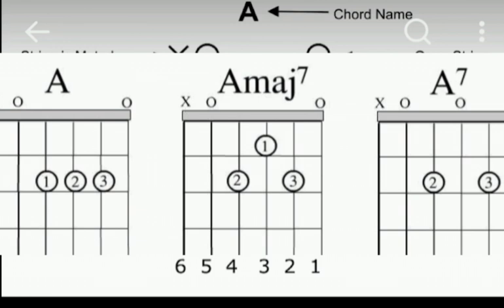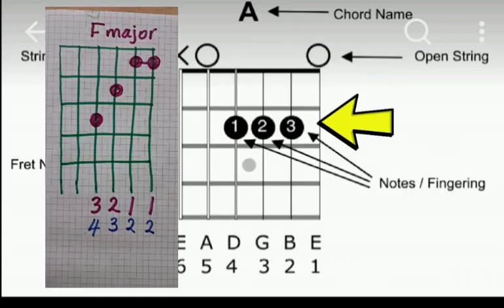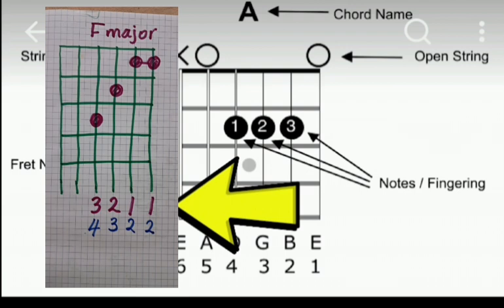Some demonstrations you will not see them in there, especially when you are writing by hand. It is normally written below here. So when you look at the two charts, the F major is written by hand, so it is difficult to really write the numbers in those symbols, the thick 0.